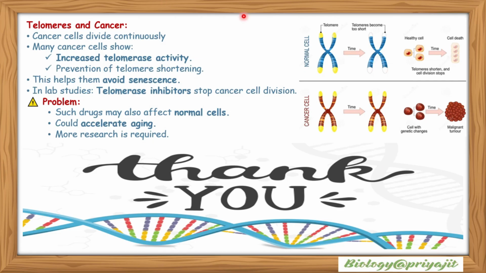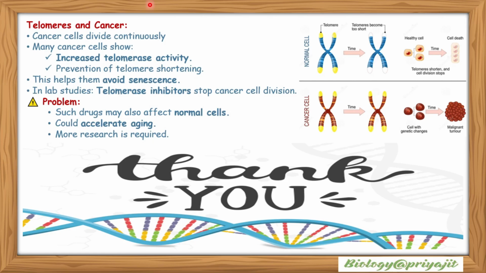So as we conclude, remember that the replication and maintenance of telomeres are vital for preserving the integrity of linear eukaryotic chromosomes. By solving the end replication problem, telomeres and the enzyme telomerase prevent the loss of essential genetic information during repeated cell division.